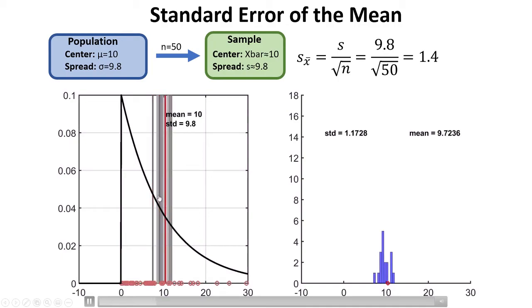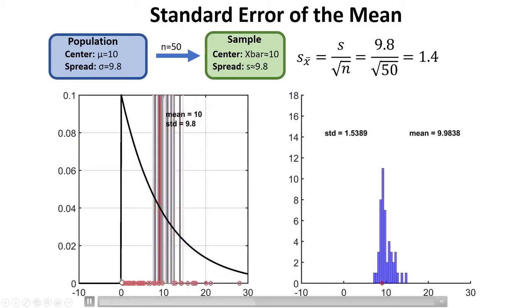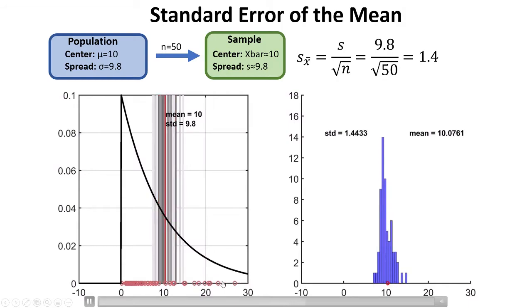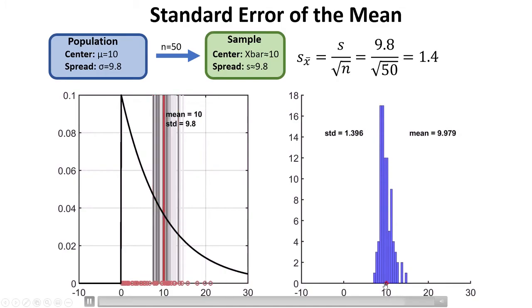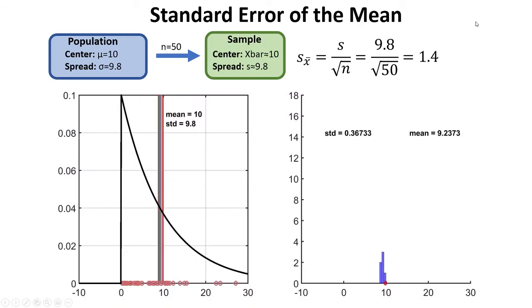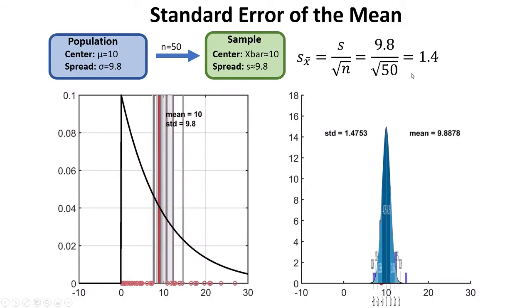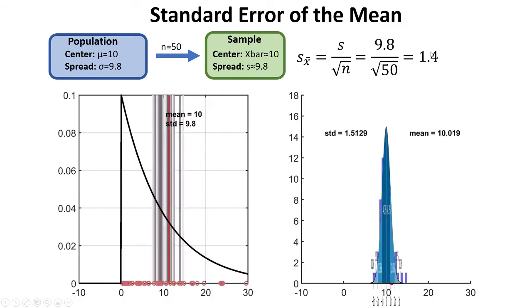You can see that this is an exponential distribution, but each time we average 50 of these exponentially distributed points together, and then we record where those means fall. And as you can see, they start to form something that approximates a normal distribution. And it has the standard deviation that we would expect, predicted from the standard error of the mean.